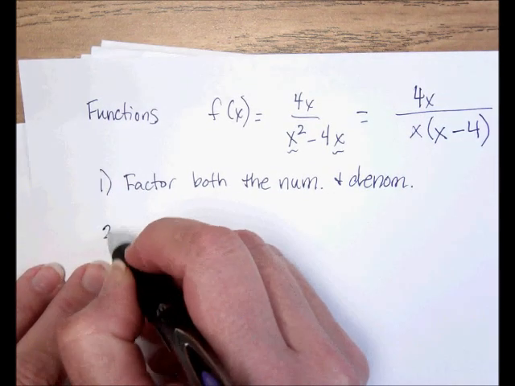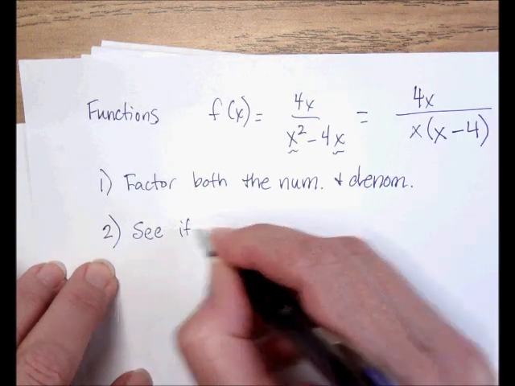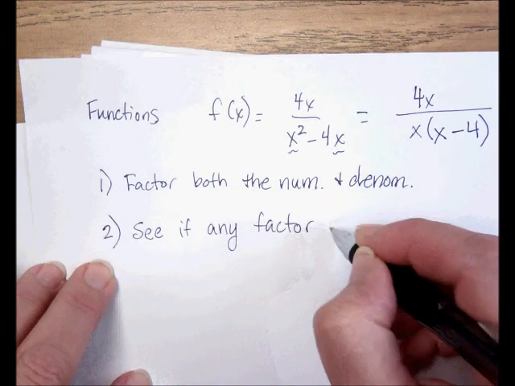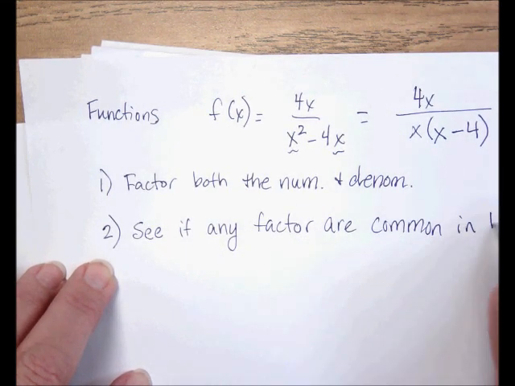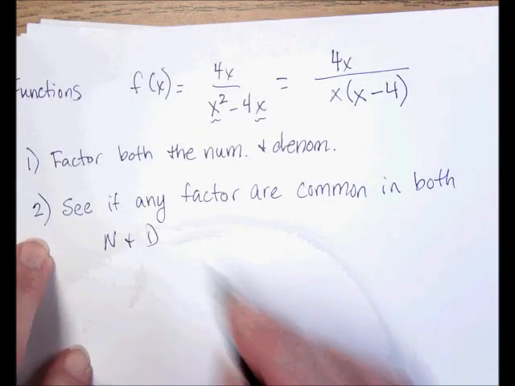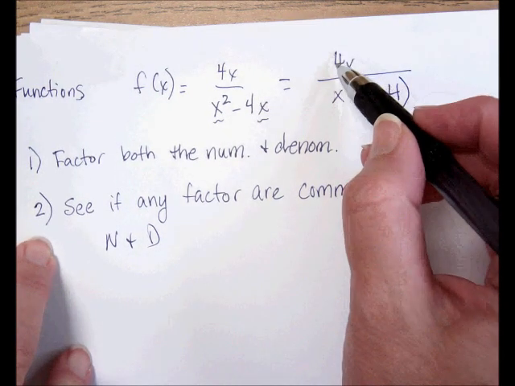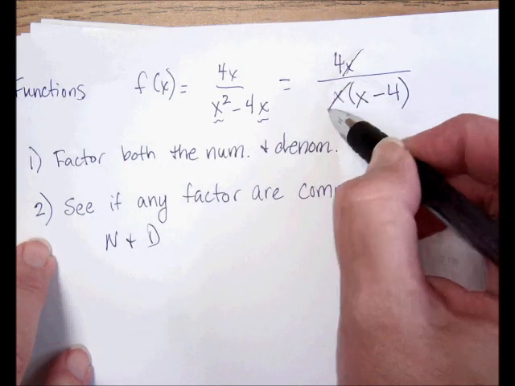My second step is to see if any factors are common in both the numerator and denominator. I'm just going to abbreviate N and D. In this case, I don't have a 4 that's a factor by itself, but I do have an x.